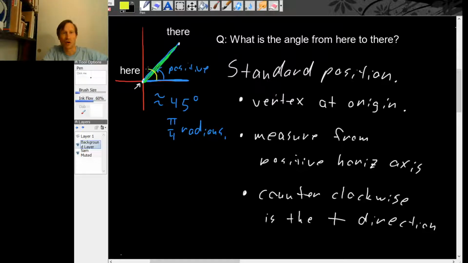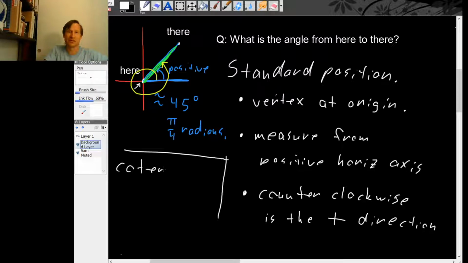So I could go all the way around and then up to that angle again. Now that's a different angle since it represents a different amount of rotation, but it ends in the same place. So one tricky thing about angles is that angles that are different sizes can actually end in the same place. The name for angles that end in the same place is coterminal.